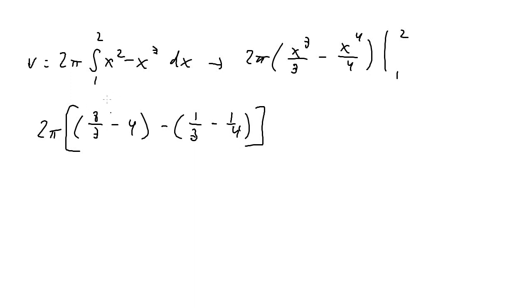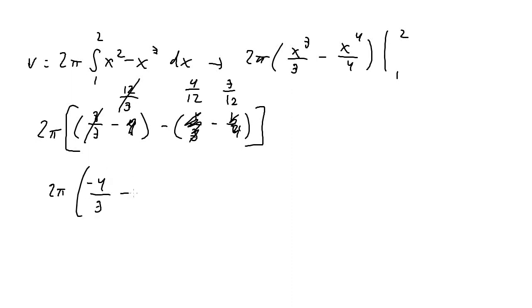Now, in order to find common denominators here, I'll rewrite 4 as 12 over 3. I'll rewrite 1/3 as 4 over 12, and I'll rewrite 1/4 as 3 over 12. So then we have 8 over 3 minus 12 over 3 is going to be negative 4 over 3. We do have a 2 pi on the outside, and then we have minus 4 over 12 minus 3 over 12 is 1 over 12.